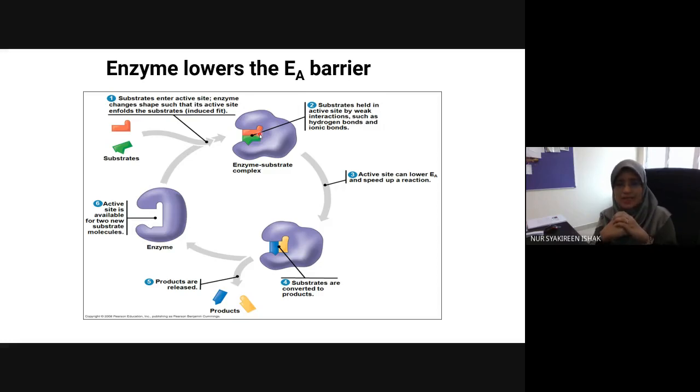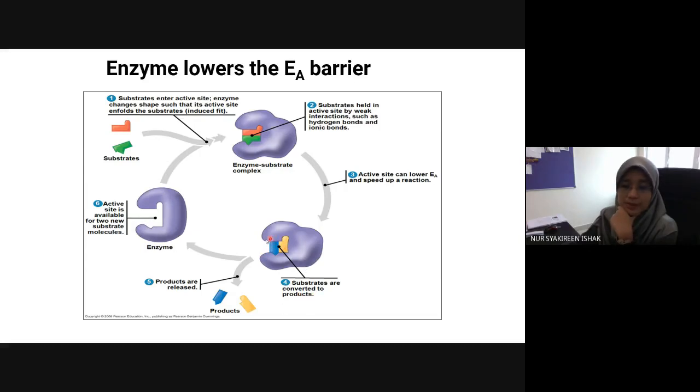This one we call the induced fit model. The substrate is held in the active site by weak interactions, such as hydrogen bonds and ionic bonds. Then the third step: the active site lowers the activation energy, and once the activation energy is reduced, the reaction can speed up and the substrates are converted into products.